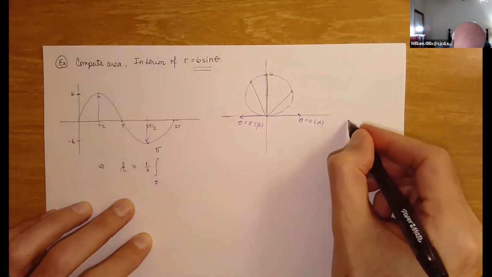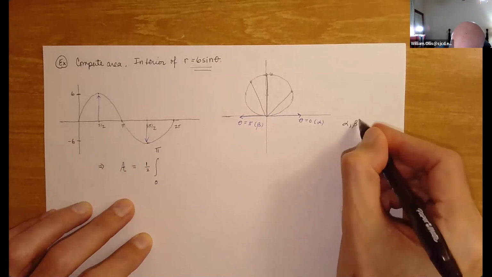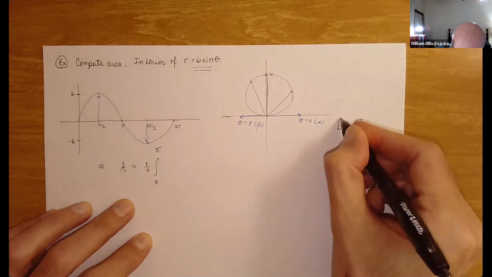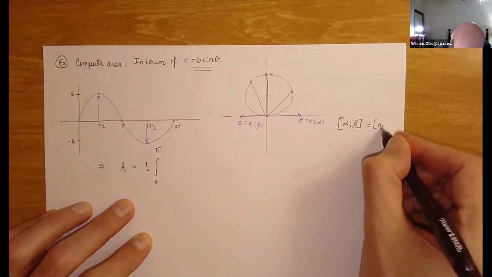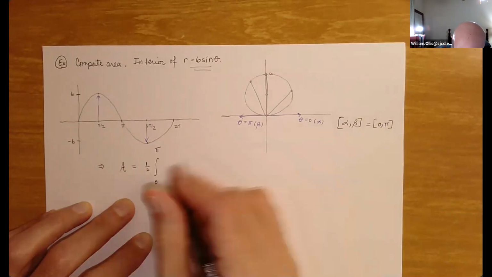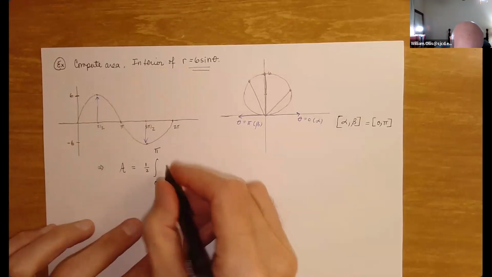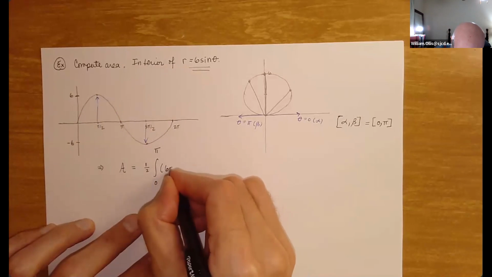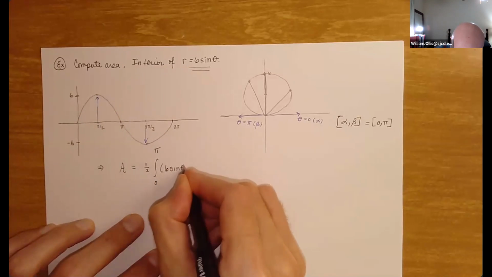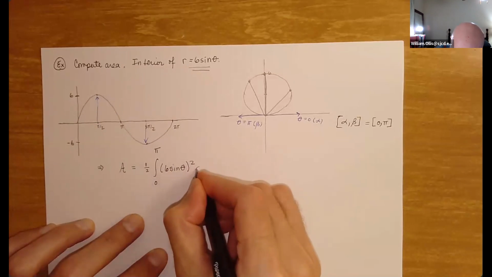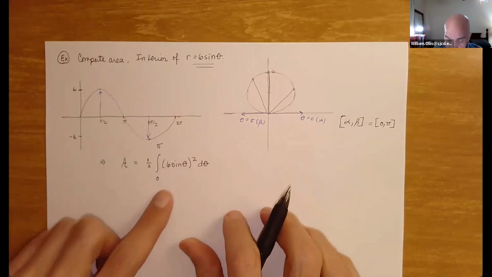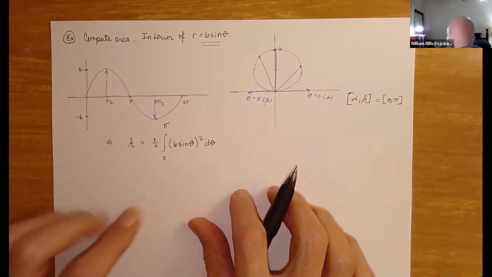So again, here we'll take alpha beta to be 0 to pi. And then, of course, we square. So we have 6 sine theta, quantity squared, d theta. And that was the definition that we came up with.